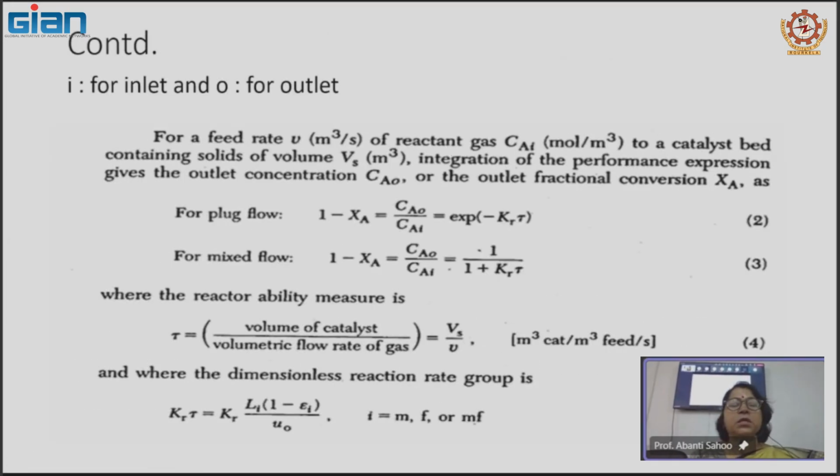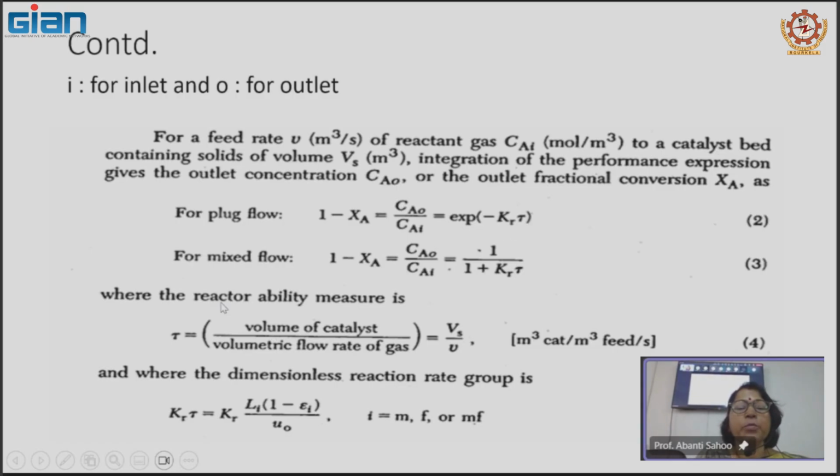So, the feed rate is V meter cube per second of the reactant gas having inlet concentration CAI to the catalyst bed, where the catalyst volume is Vs. Now you can integrate the performance expression, and if the outlet concentration is CAO, for the plug flow reactor we can write 1 minus XA equals CAO by CAI, which is exponential of minus Kr tau.